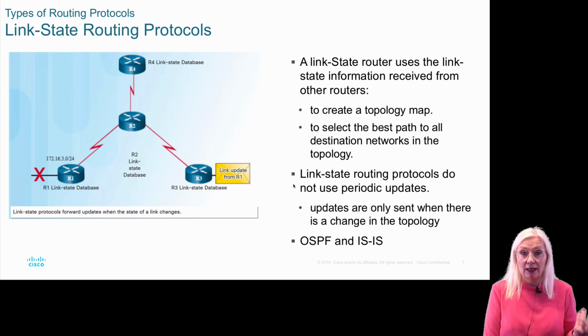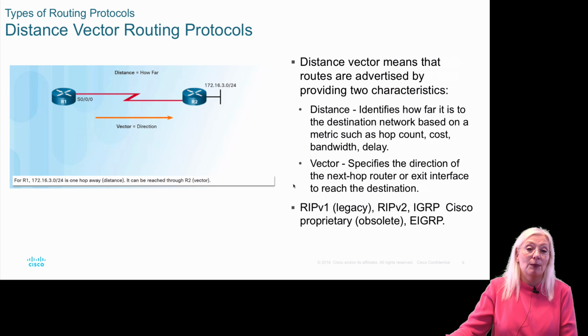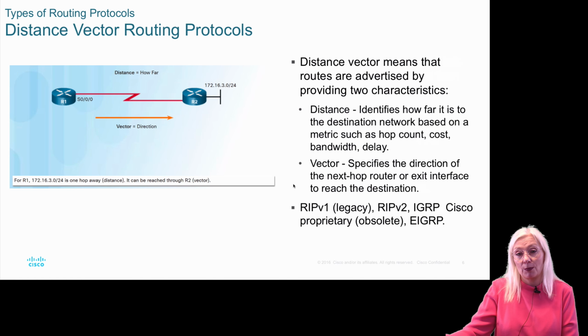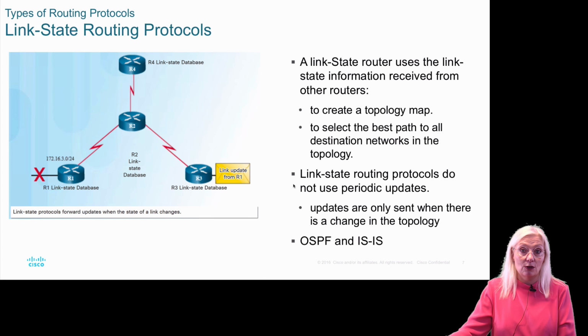So here we have a complete map, and whenever there is a change, we will send an update, whereas in distance vector, we will typically send an update every 30 seconds, for instance, if we are looking at the RIP protocol. So here we send updates even when there is nothing to tell about, whereas in link state, we only send updates out when there is a change in the topology.